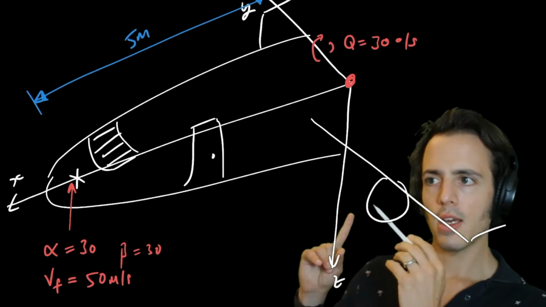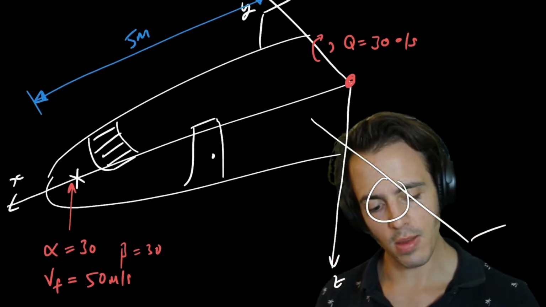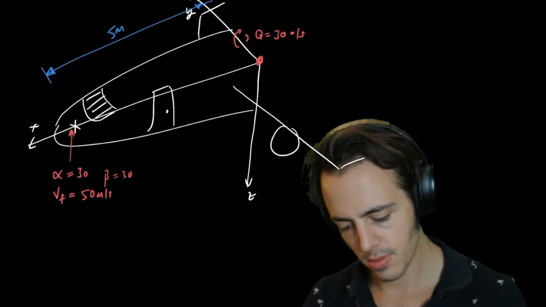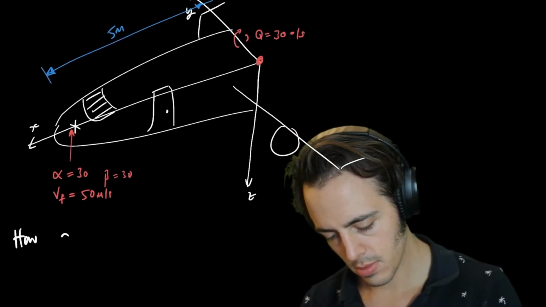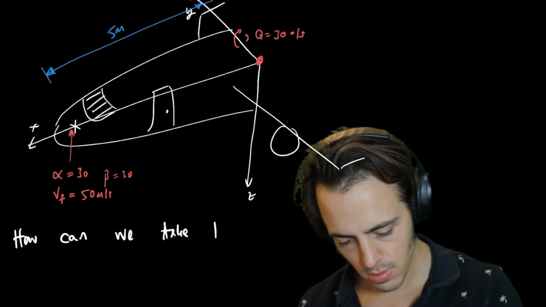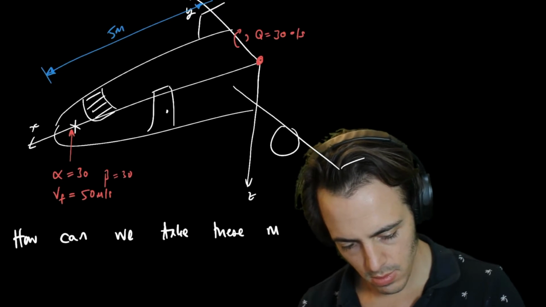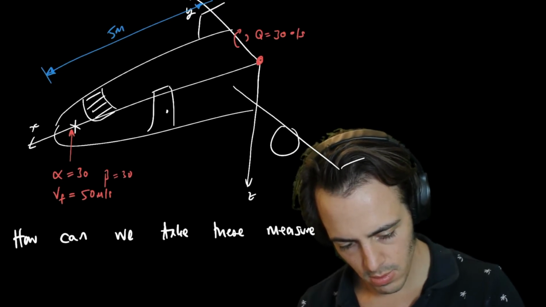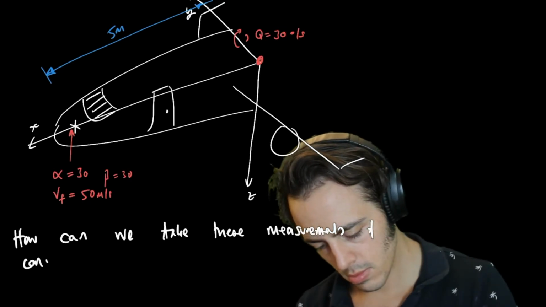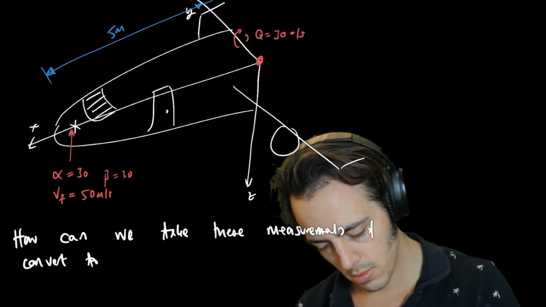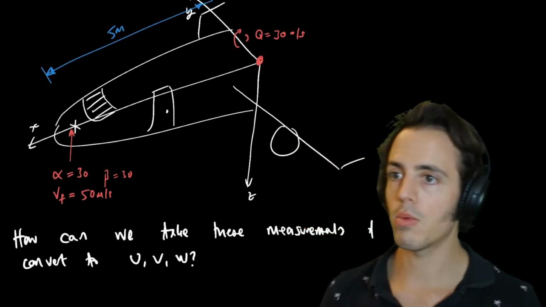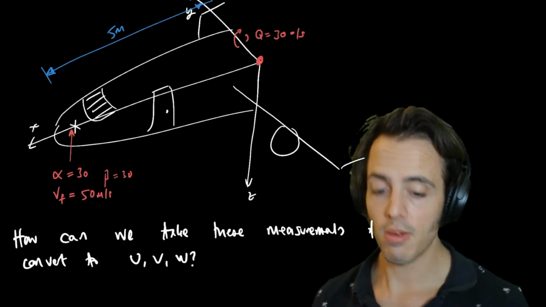So how can we take these measurements and convert them to aircraft body velocities? We want to convert them to U, V and W, knowing that we have a pitch rate.